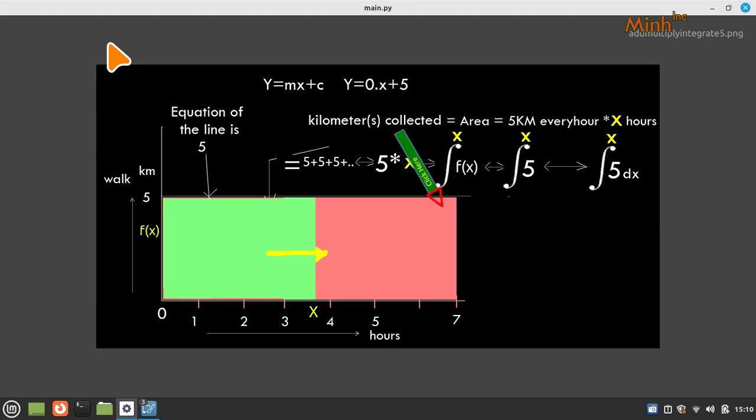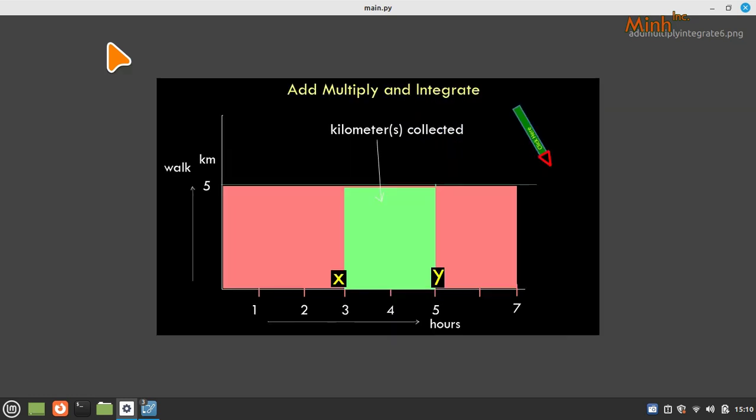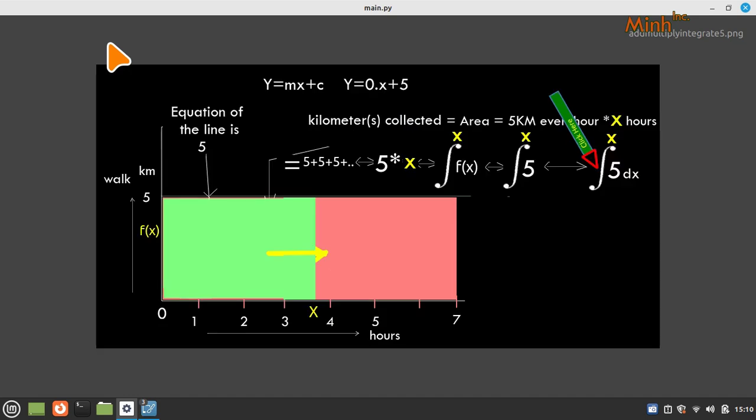We started with addition, it shifted to multiplication, then it shifted to integration. Integration is nothing but just a sign, but internally it is area. Now integration is finding the area.